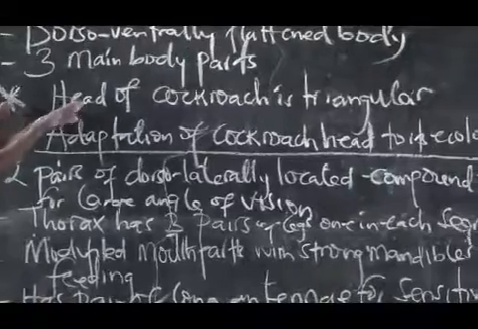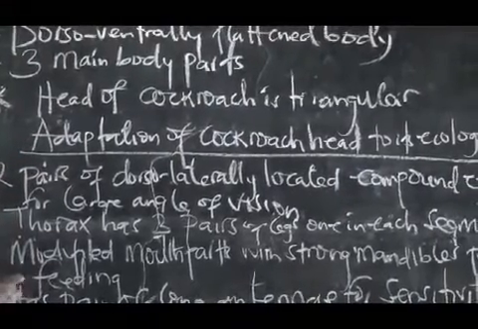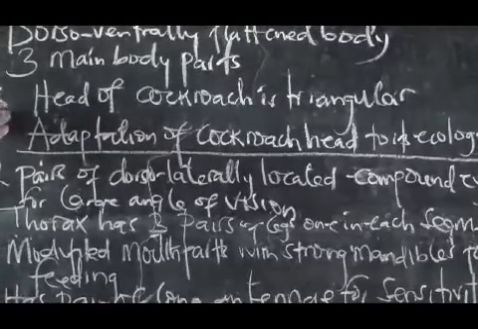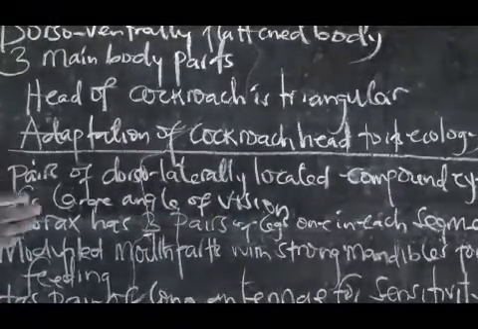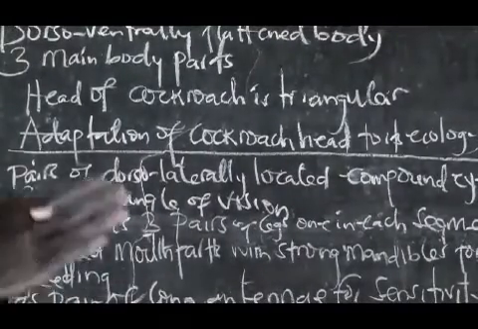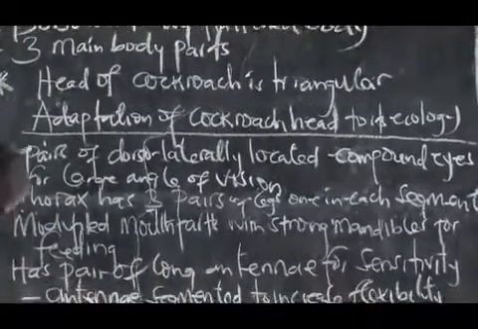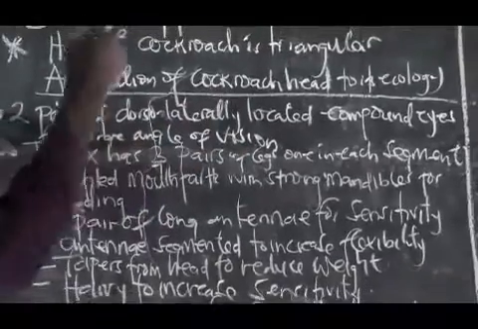Let's look at the head of a cockroach. The head of a cockroach is triangular in shape. Okay? The diagram of the head of a cockroach is right there. Adaptations of a cockroach head to its ecology, to its way of life in the environment. We say that there are two pairs of dorsolaterally located compound eyes.